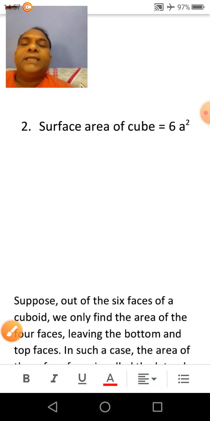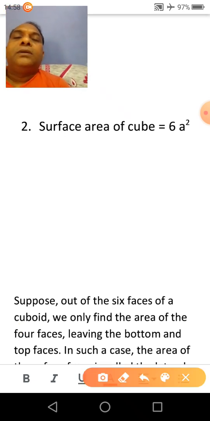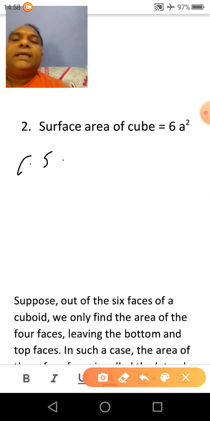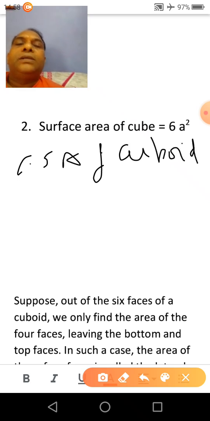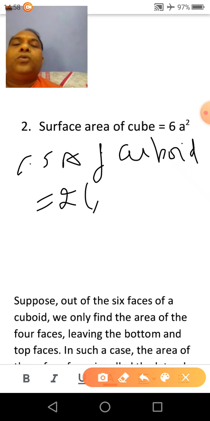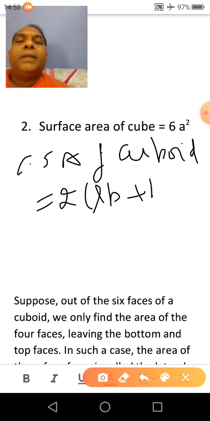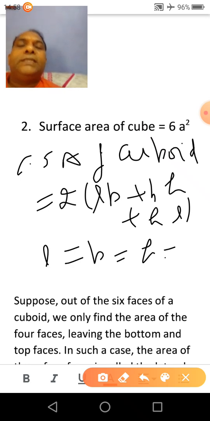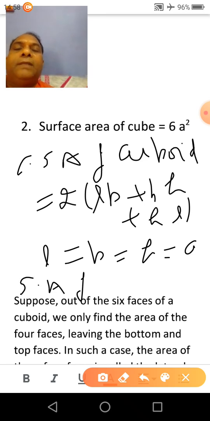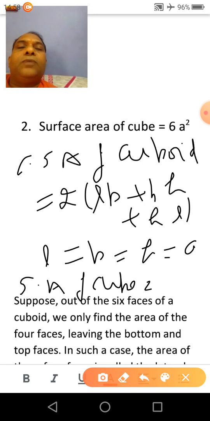We know that surface area of cuboid, CSA of cuboid, is equal to 2 into (LB plus BH plus HL). Put here L is equal to B is equal to H is equal to A. Then we find surface area of cube will be equal to 6 into A square.